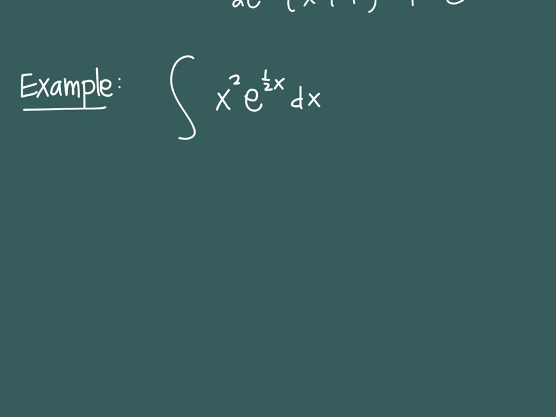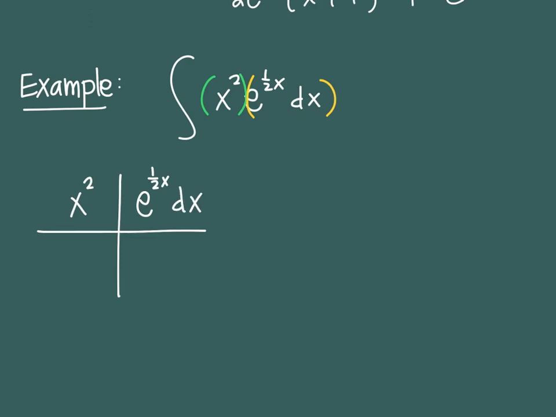You can go back to regular U substitution. All right, let's apply the LIPET test. What should we assign as our U choice? x squared. It's a polynomial, which means everything else is my dv choice. So I've got x squared and then e to the half x dx.